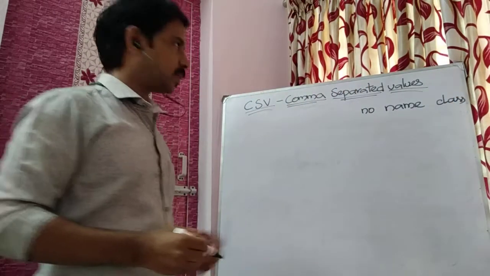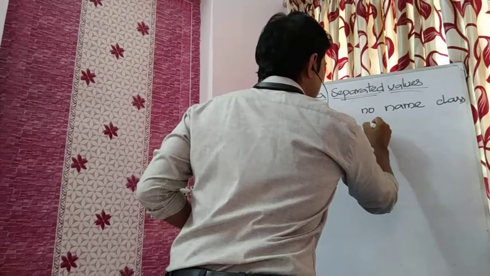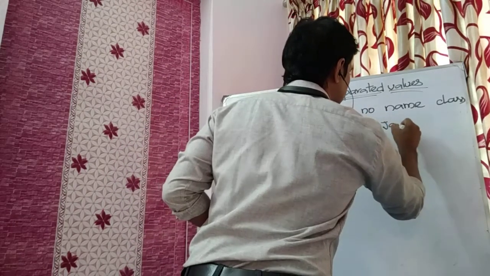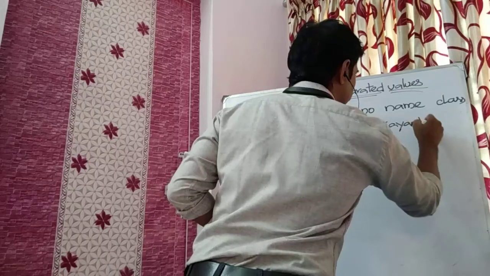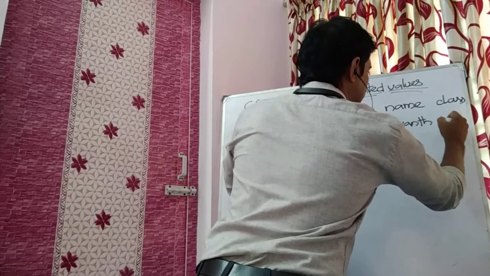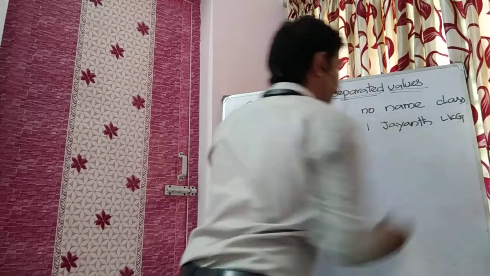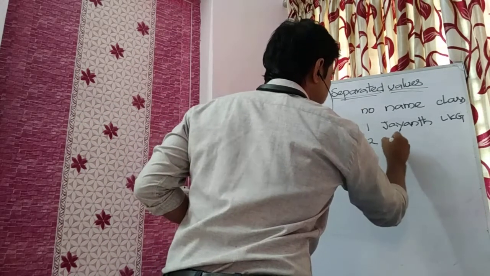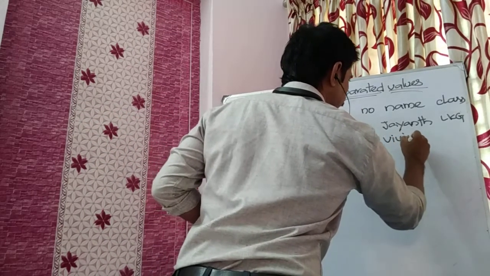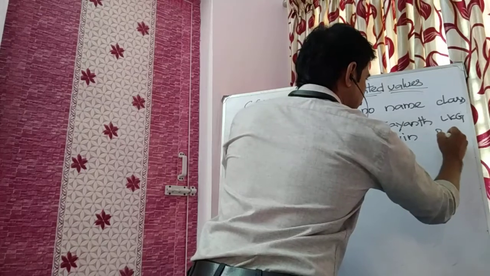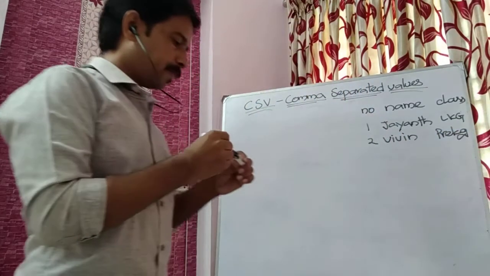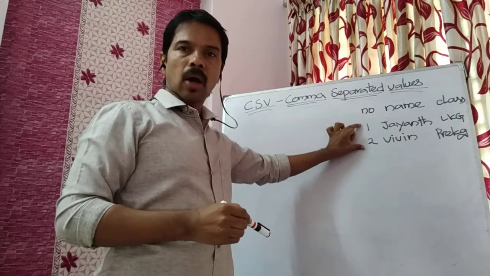Number 1, name Jayant, class LKG. Second, number 2, Vivin, class pre-KG. So here two records of data are there.